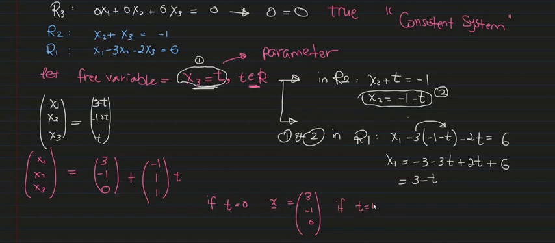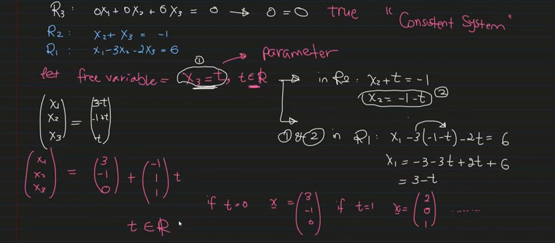Because we said it can be any of the real numbers. If it's equal to 1, the unknowns will be 3 minus 1 which is 2, -1 plus 1 which is 0, and 0 plus 1 which is 1, and so on. t can be any value.